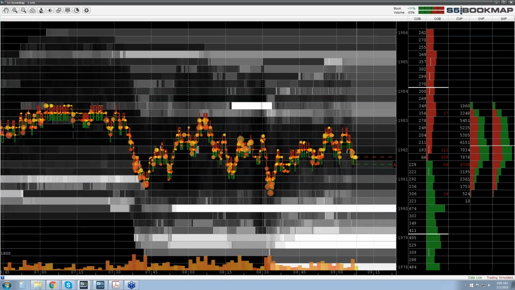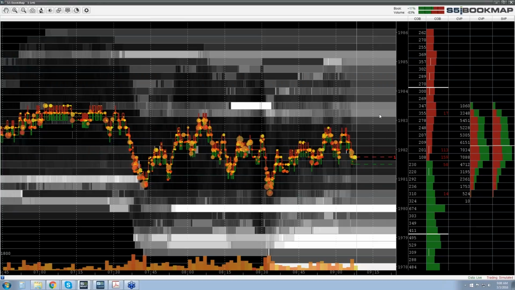So at 1980, we have the 674 contracts. That is bright white. If I move up here, let's find another area that's pretty lit up. We have 355 up here, and you can see that it's a lighter shade of gray. This is pre-market on the S&P, but still you can see what the heat map is displaying here.